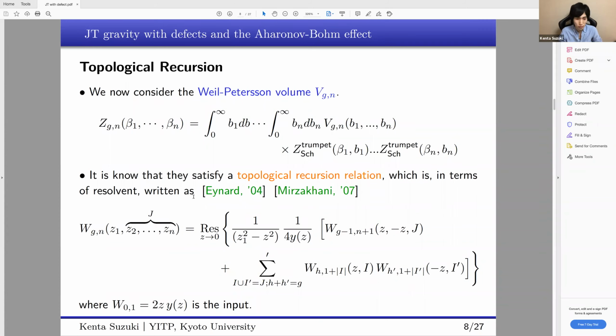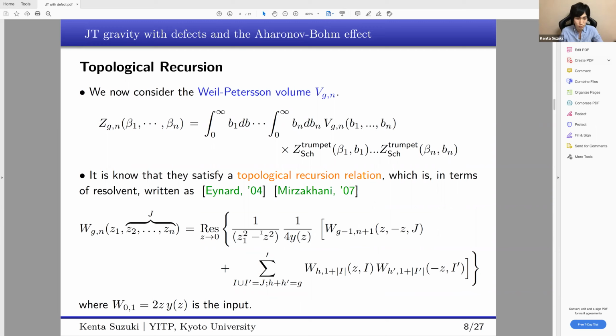I'm not going to explain in detail, but in the mathematical literature, this modular volume actually satisfies some topological recursion relation.